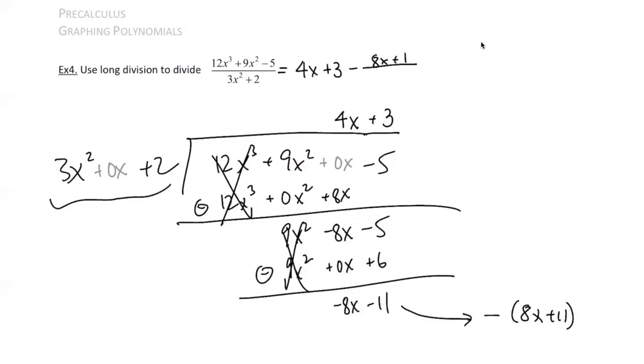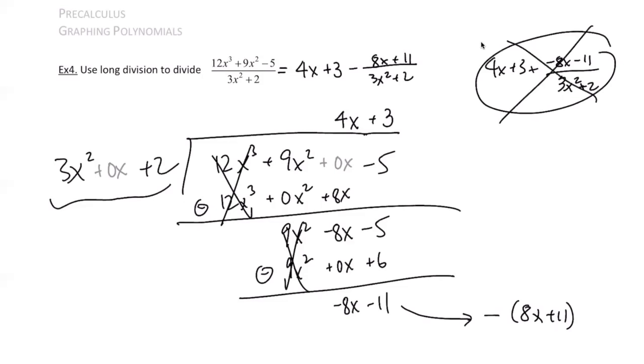By factoring out the negative, you can write something much nicer. You don't want to write something like this. That's just ugly. Don't you think so? Not preferred. I prefer this one better.